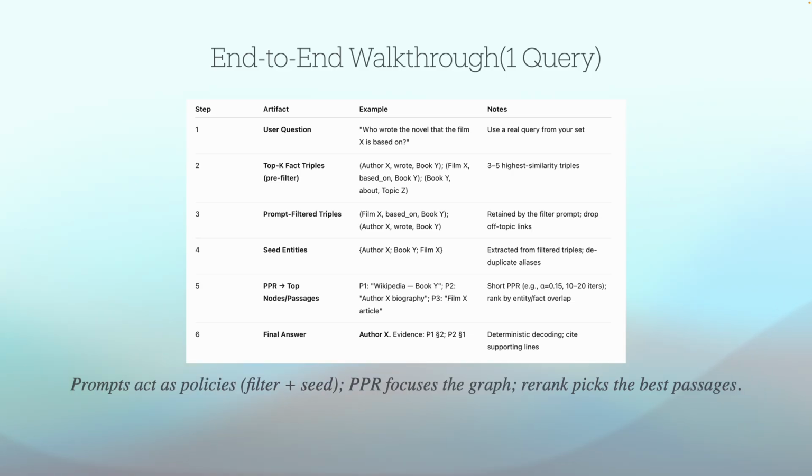After that, the top passages are picked, and we feed them into the LLM, and then we return a cited answer. So this is the end-to-end walkthrough. We have the user question, then we get the triplets, the prompt, filter triplets, seed entities, and this is where the ranking happens, and this is where the final answer is sent. If you want, this is an example that I have here.